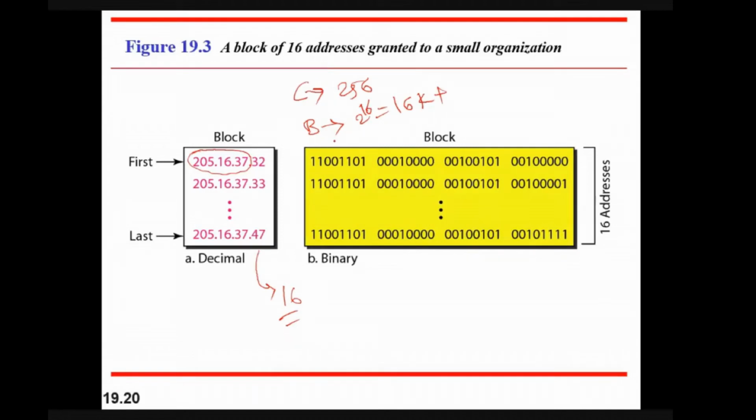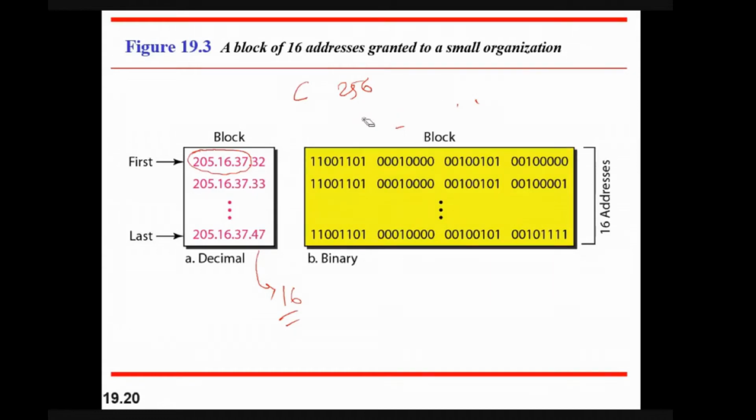And if a class A address is assigned, then 2 raised to 24, which is 16 million plus addresses, were given to the organization. Sometimes these were beyond the requirement of the organization, and sometimes lesser than the requirement.